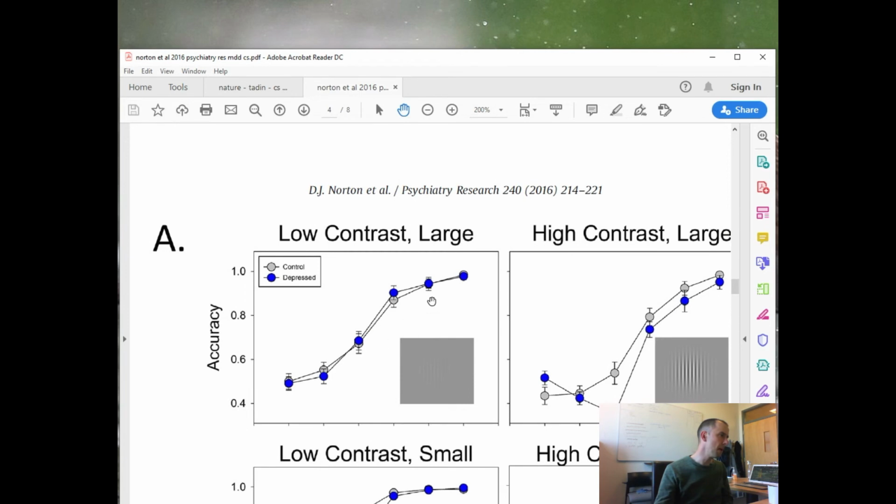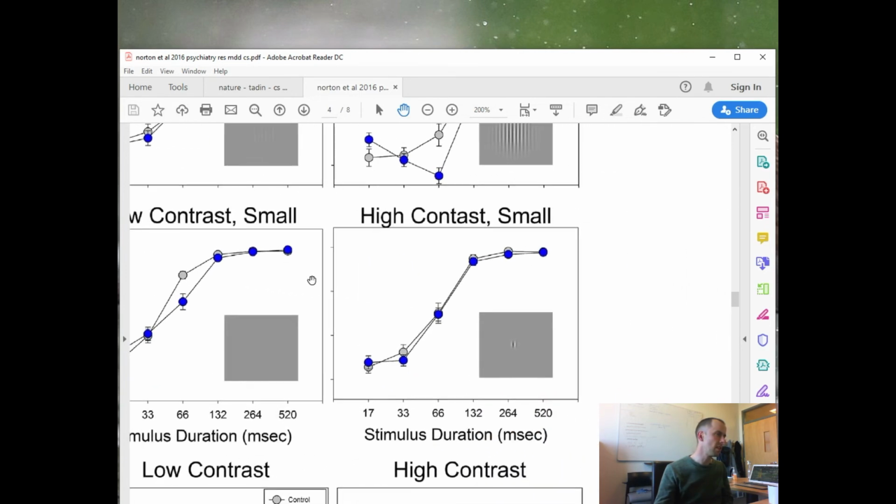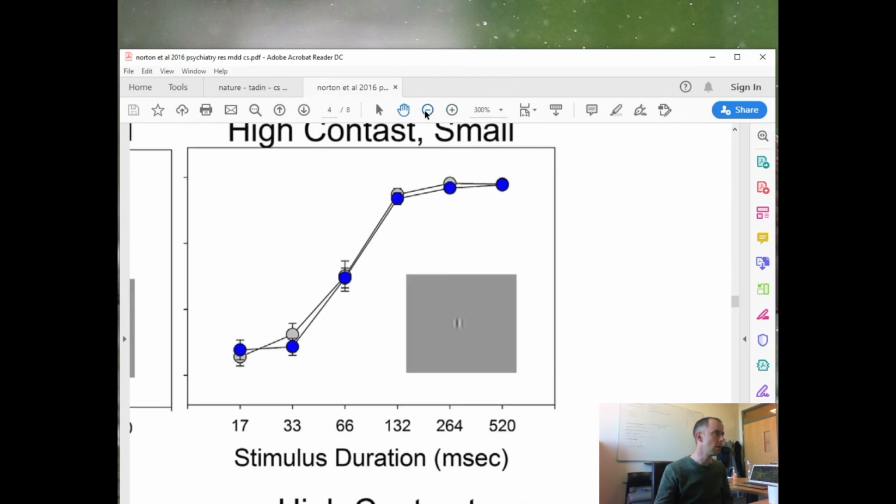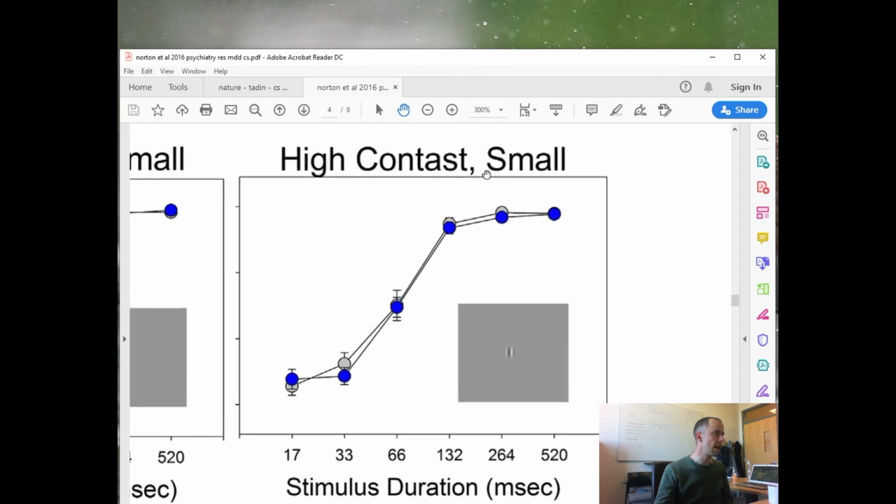So here you see for a big stimulus, well actually let's look at this one. This is the best one to start with. So for a small stimulus, high contrast small stimulus, this is how long we showed you the stimulus for. And this is your accuracy level. So obviously, for a short presentation time, you're not good at it, and you're not good at it again, but then you start to get better when it's shown for longer.